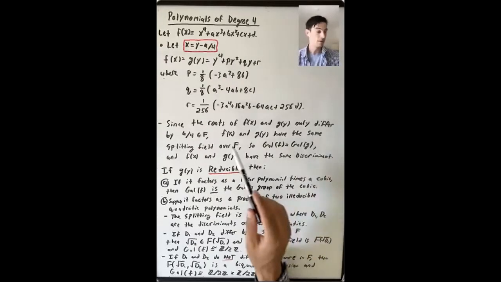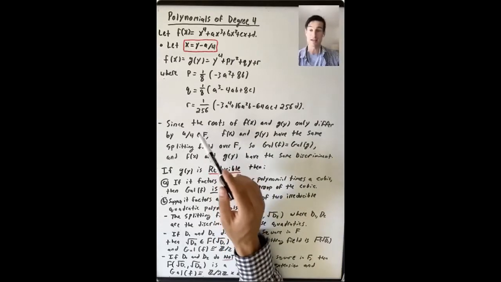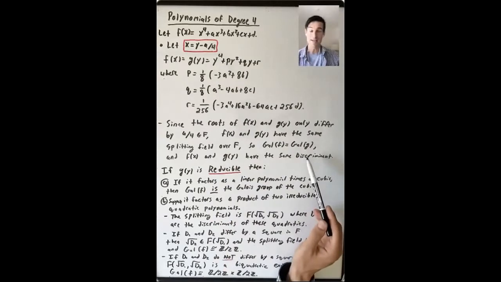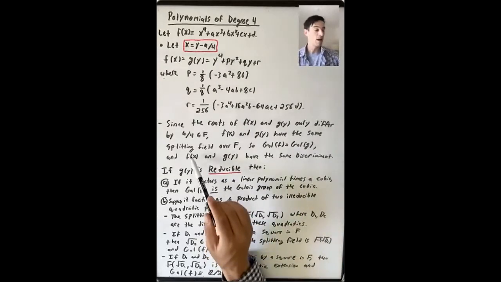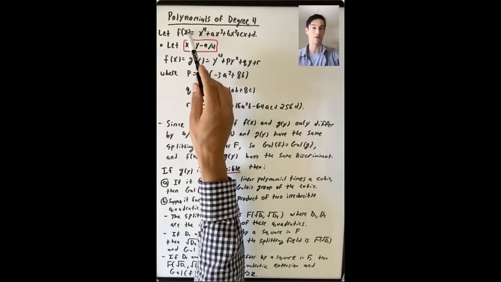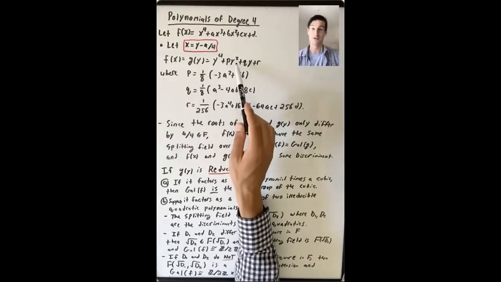And also, since every root is being translated by the same element in F, and the discriminant is defined as a product over differences of roots squared, f of x and g of y have the same discriminant as well. Okay, so now we can compute the Galois group of f by computing the Galois group of g.